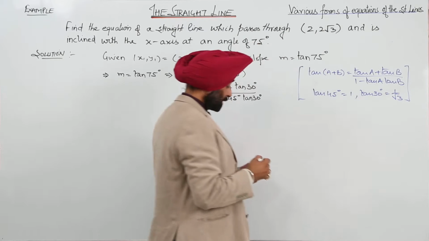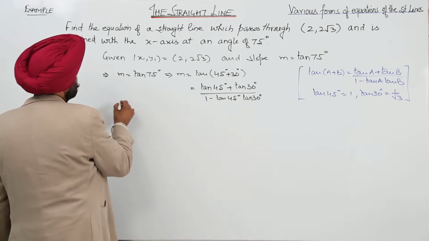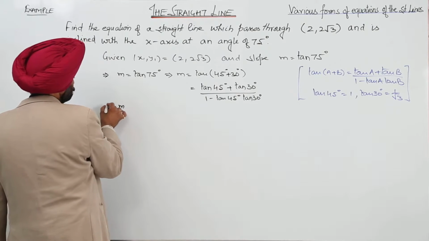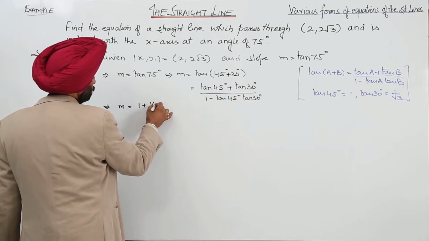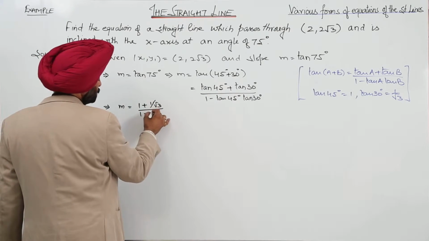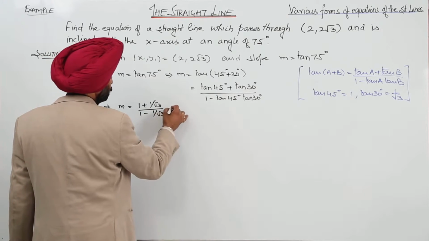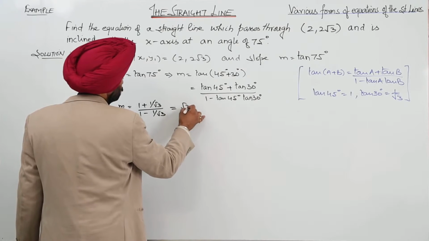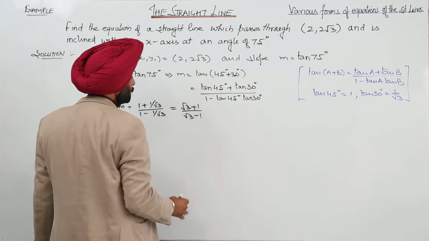So we are using these values. Now m is equal to (1 plus 1/√3) upon (1 minus 1/√3). Now this becomes (√3 plus 1) upon (√3 minus 1).